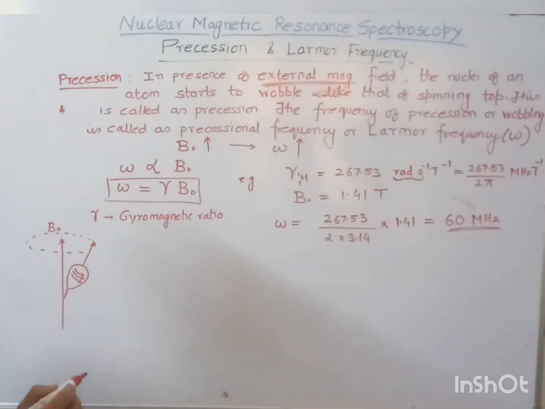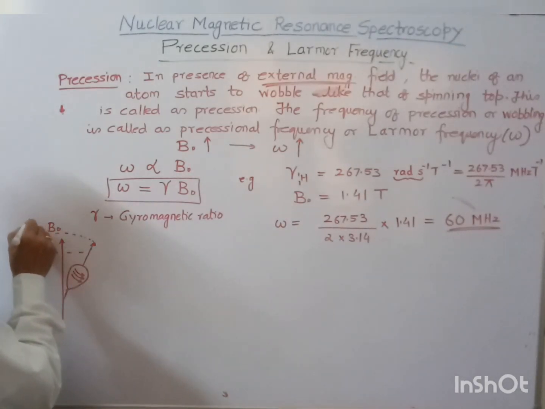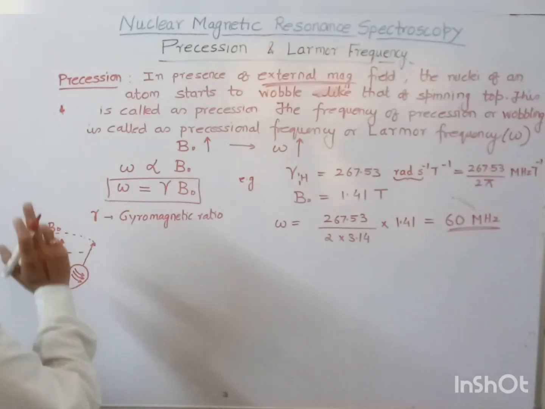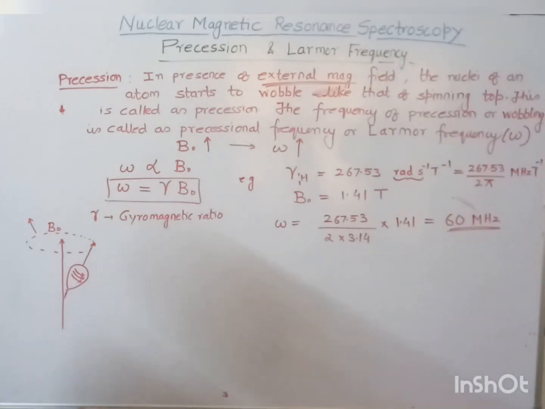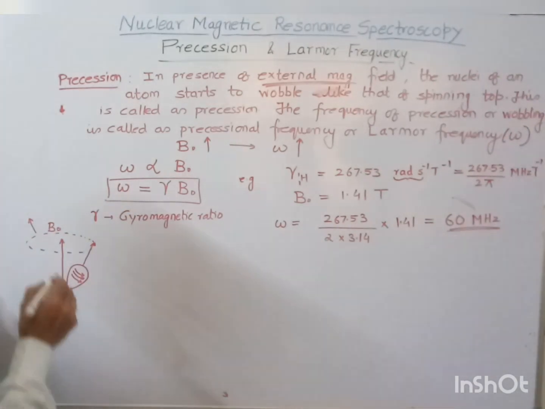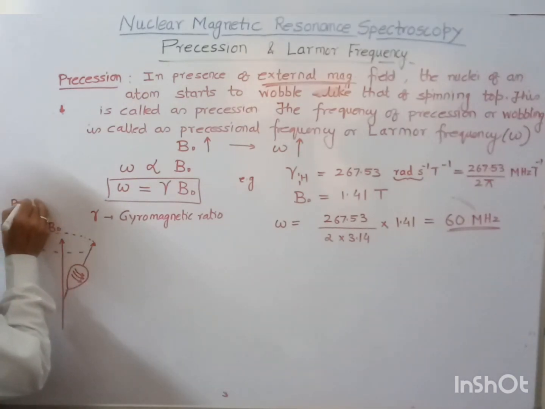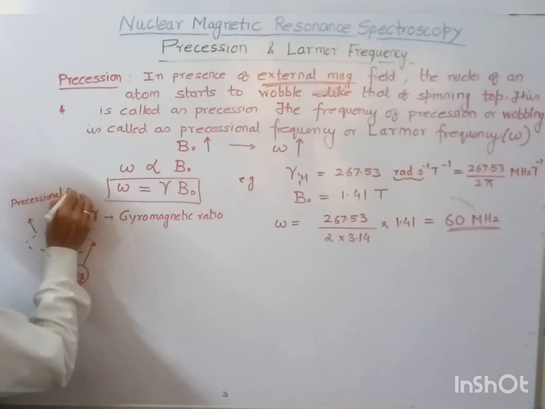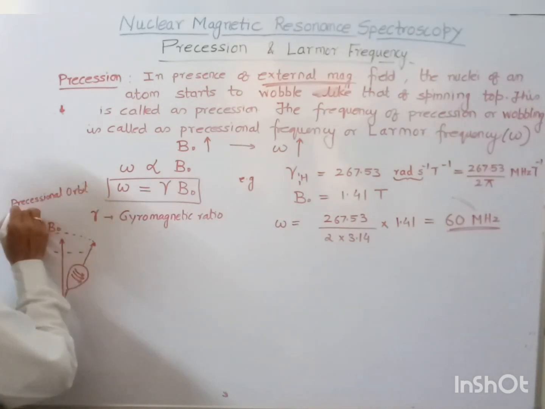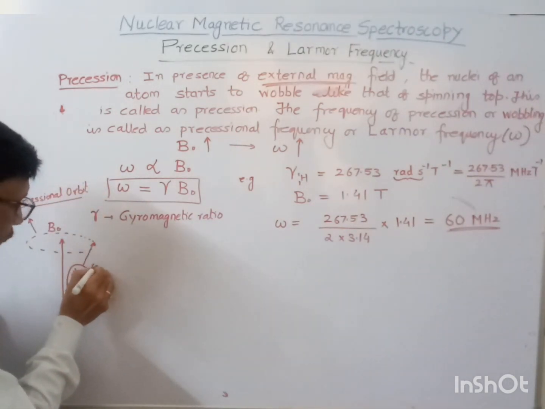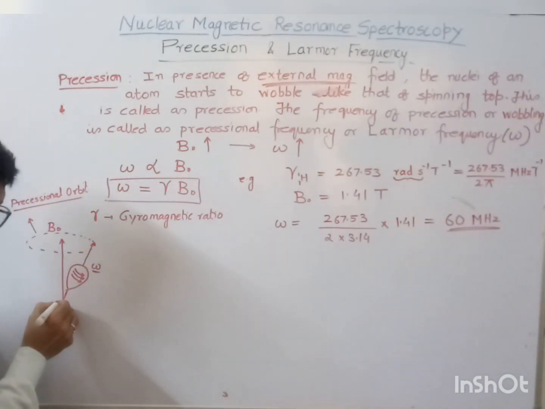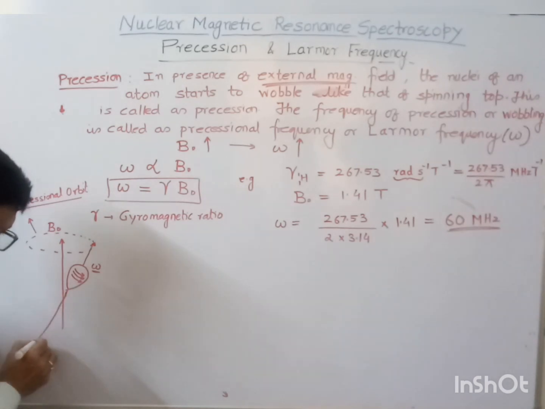This is called the precessional orbit. The frequency by which this spinning top is spinning or wobbling is called the precessional frequency. So this is the precessional orbit, and the frequency by which this is wobbling would be the precessional frequency omega.